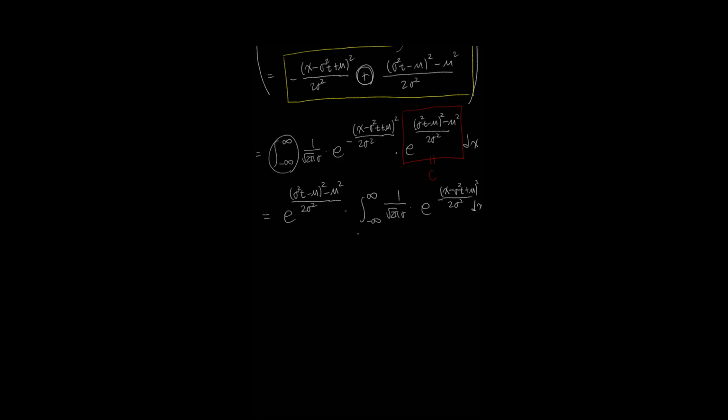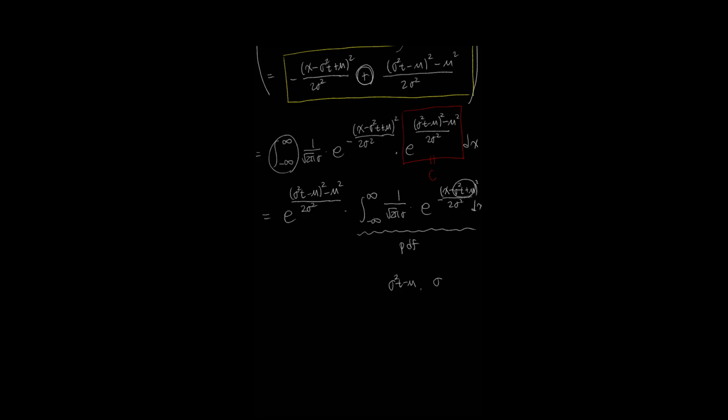And you can see that this part is actually a PDF of a distribution which has the mean of plus sigma squared times t, this is the mean of this distribution, and standard deviation of sigma.